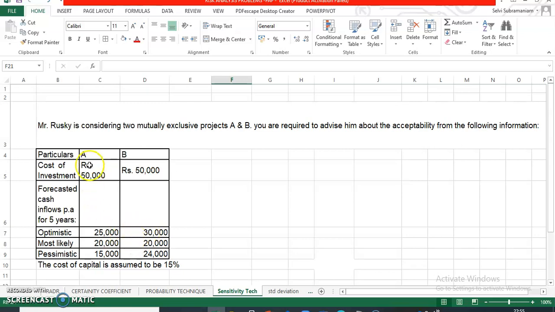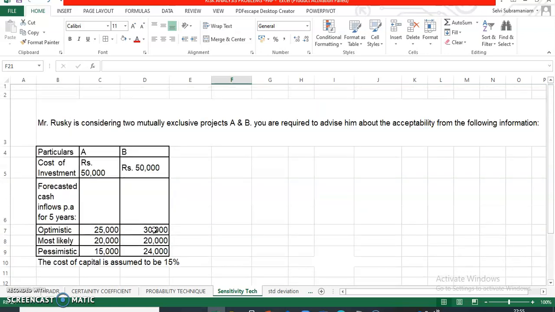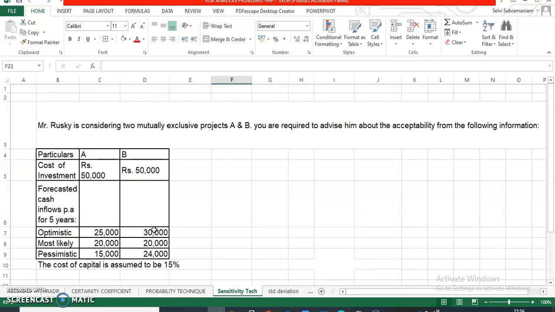So basically, it is an analysis whereby we try to find out how sensitive an outcome is to any change in the variables which are its inputs. So this is an analysis of how each of the input variables in a capital budgeting decision, maybe a discount rate or cash flow growth rate, might affect the present value and the IRR, while keeping other variables constant.